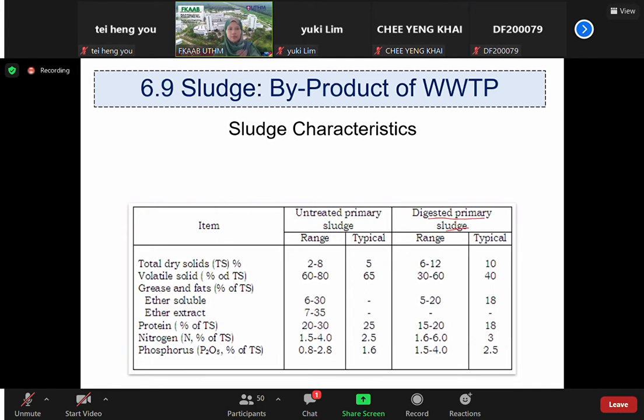But for the untreated primary sludge, they contain quite high amount of protein, nitrogen and phosphorus. This is very good, in terms of the value product for fertilizer, but still it contains lots of the heavy metal and some toxicity, because if you can remember that wastewater comes from the various sources.